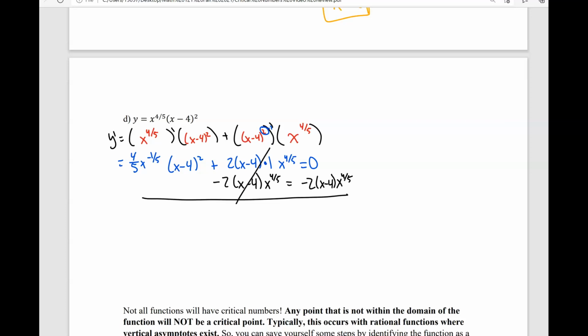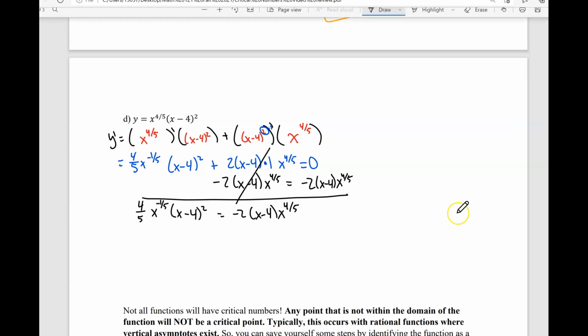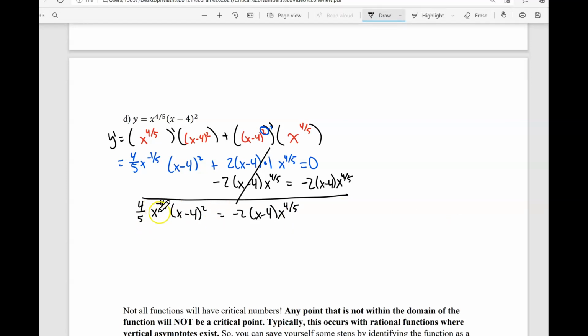Okay. I'm going to move that over, and I'm going to have 4/5 x to the negative 1/5 times x minus 4 squared equals negative 2 times x minus 4 times x to the 4/5. All right, so now let's go ahead and move this guy down.